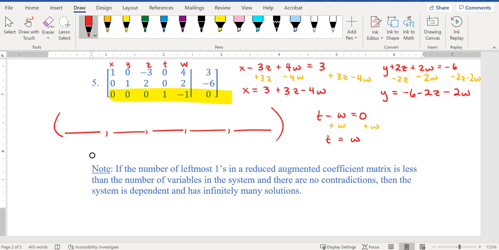I solved for x. It was equal to 3 plus 3z minus 4w. Did I solve for y? Yes. y was equal to negative 6 minus 2z minus 2w.